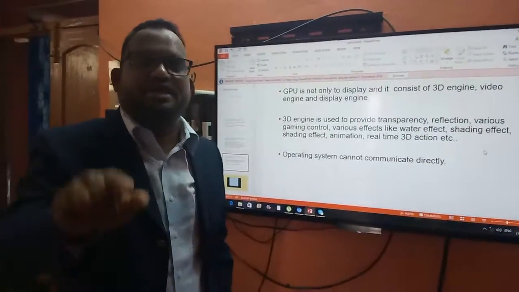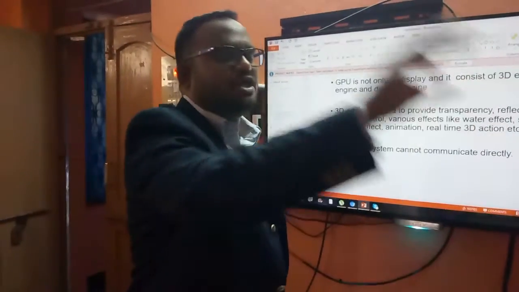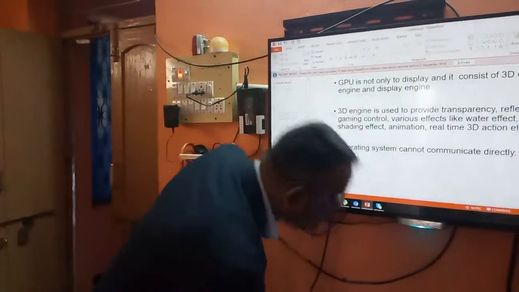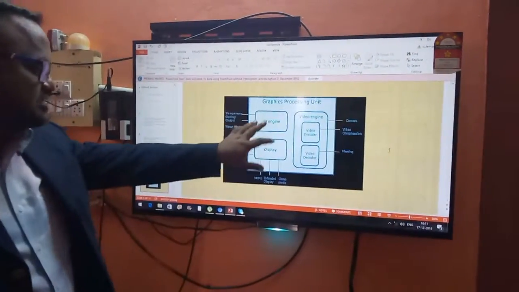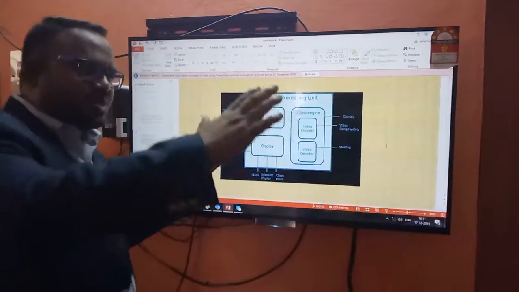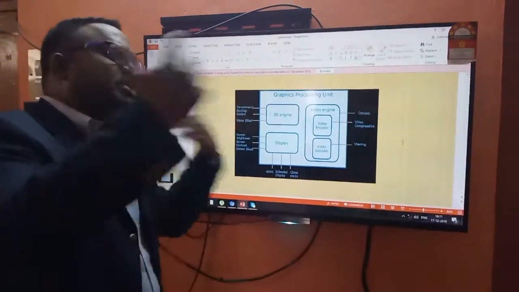For that we need drivers which control the particular hardware. This is the graphics processing unit which contains the 3D engine. It shows transparency, that means it displays in different views.